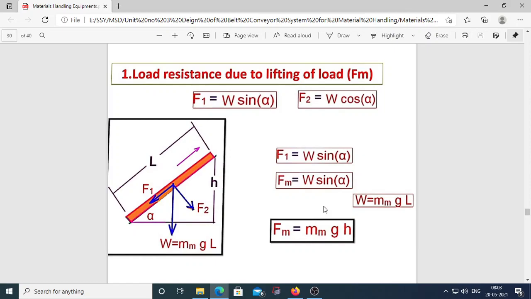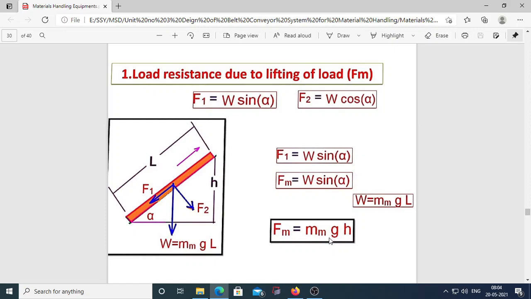You will get mm into g into L. But when you calculate Fm, you have to consider the height, the height through which the material is lifted. Alpha is the angle of inclination of the belt. Then you will get the component along the belt. This Fm value you will get as mm into g into H.